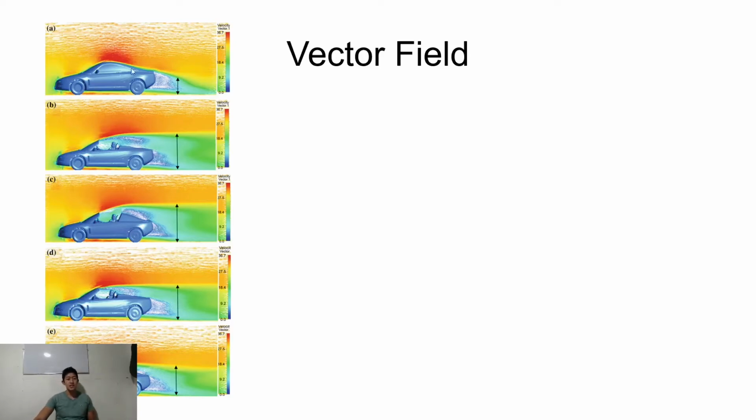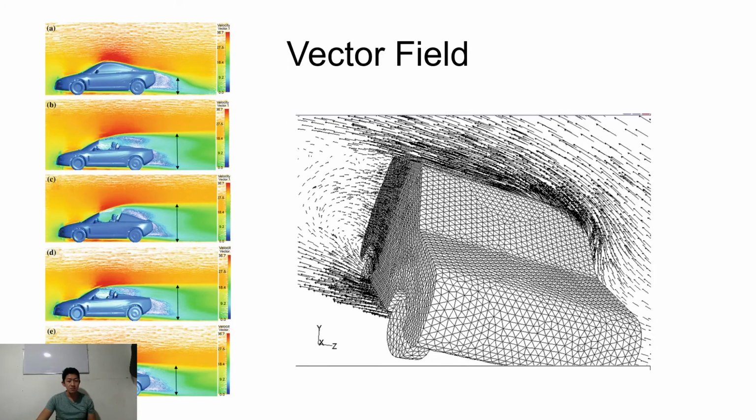We would not know this insight without this type of analysis. And how was it done? Through the knowledge of vector fields. The car in your simulation shows vector fields, your vector functions.